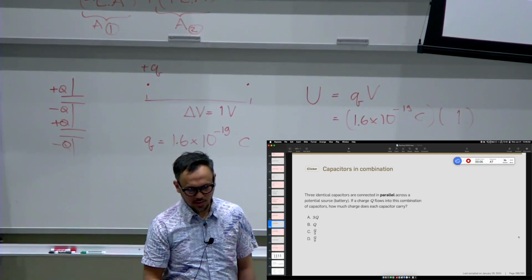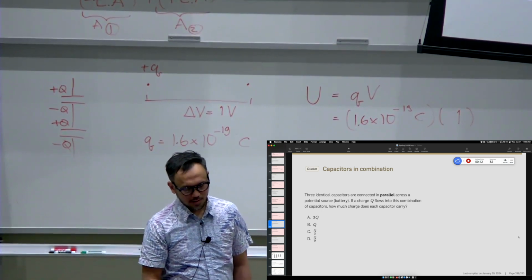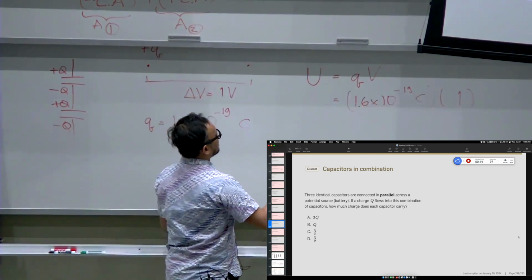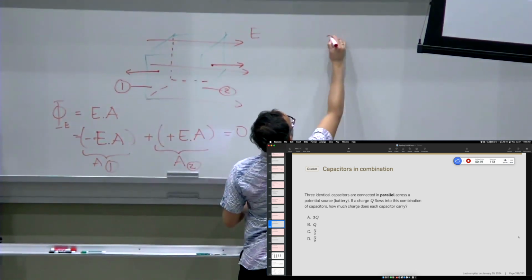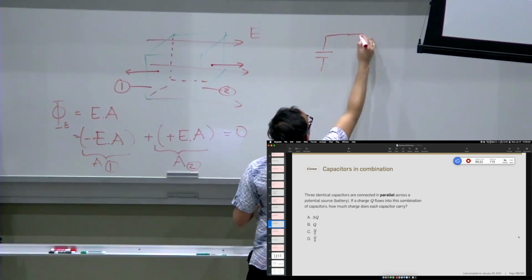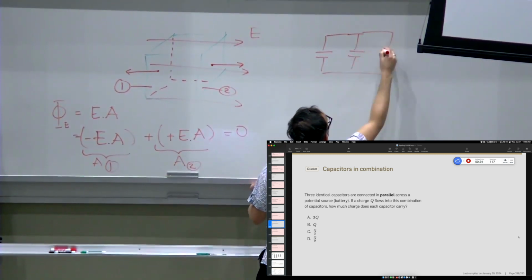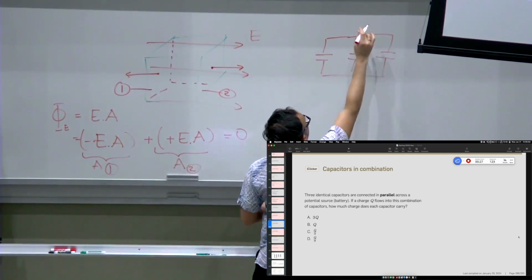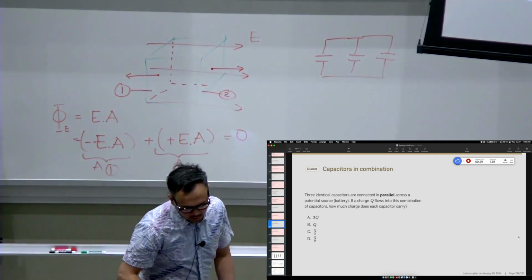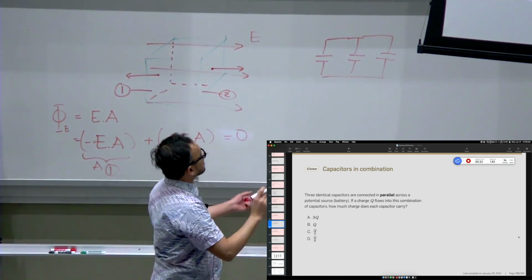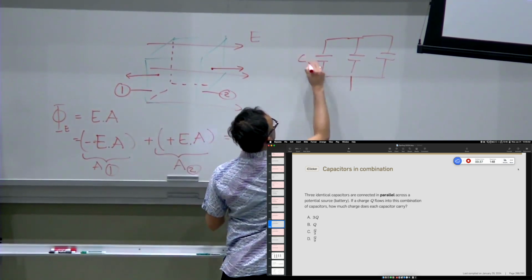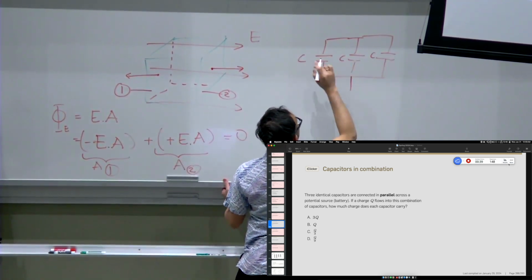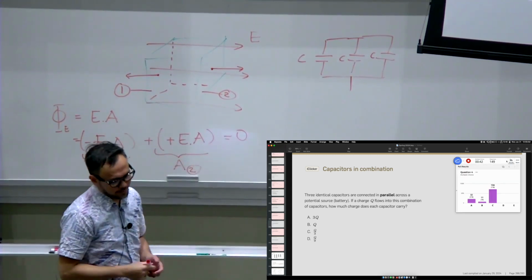How about the other one? This is the last one, and let me assign this as an iClicker problem. Right now, we have 3 capacitors in parallel, and they're identical. Initially, the total charge is plus Q and minus Q. The question is, what is the charge that each capacitor carries?